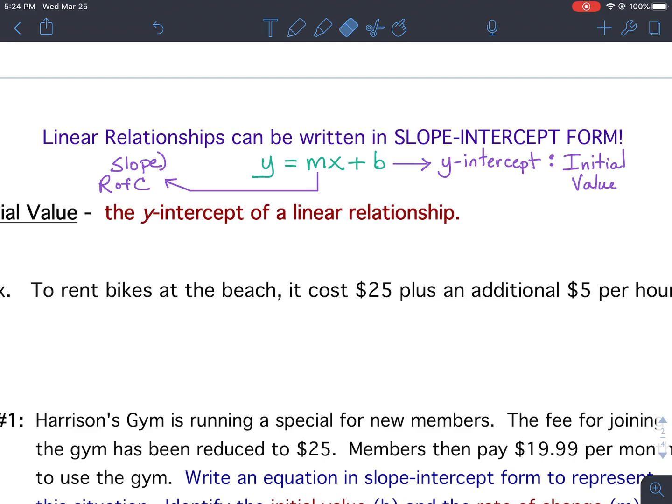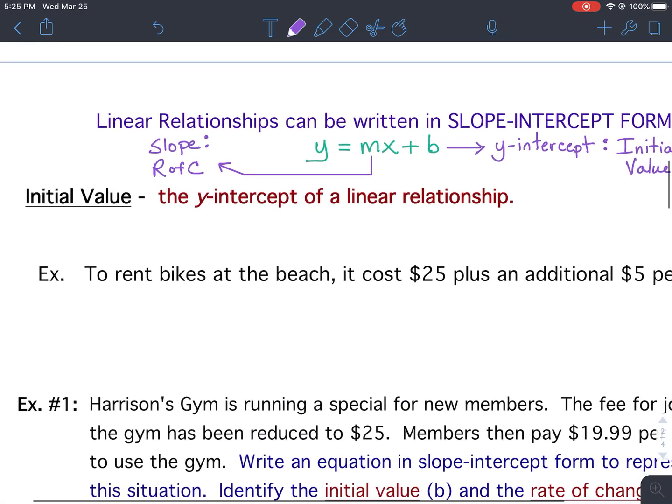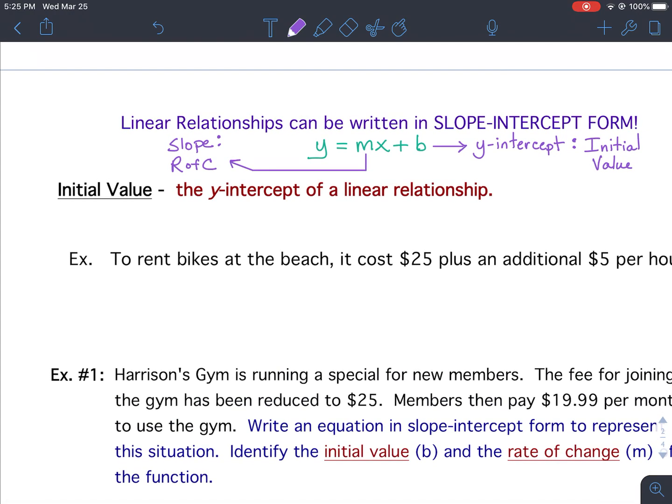So for these problems, your slope will be called rate of change, and your y-intercept will be the initial value. Slope is rate of change, and the y-intercept is your initial value. So the initial value, here's the definition, the initial value is the y-intercept of a linear relationship.